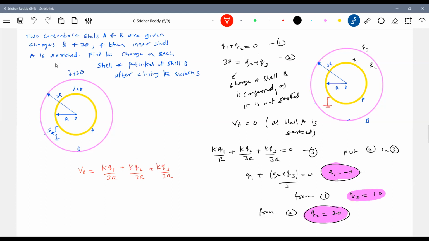Substitute all Q1, Q2, Q3. Q1 plus Q2 equals 0, so Q3 is 2Q. Okay, I'll make a change. So the potential of this will become 2KQ by 3R.